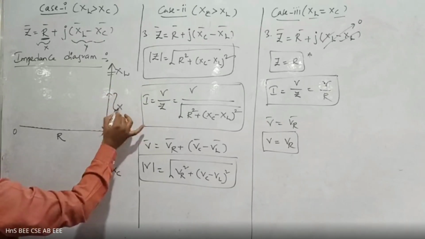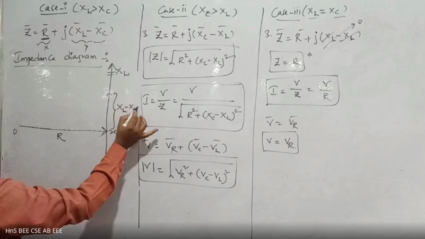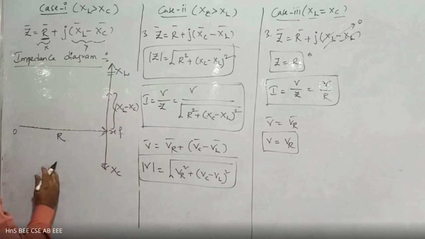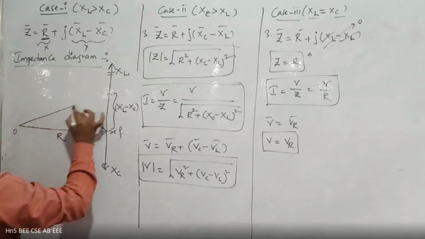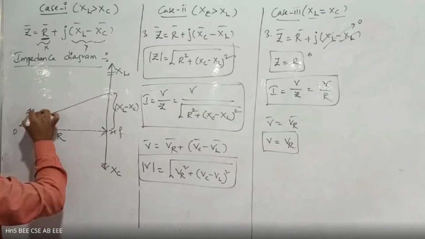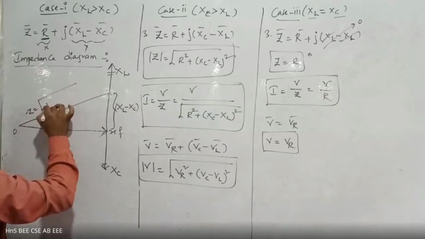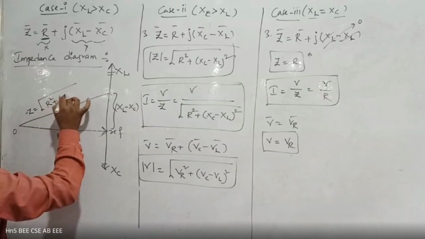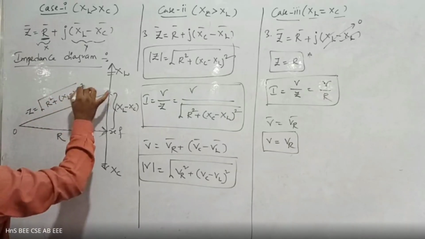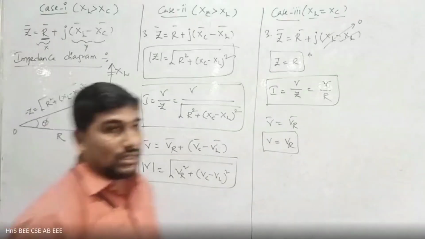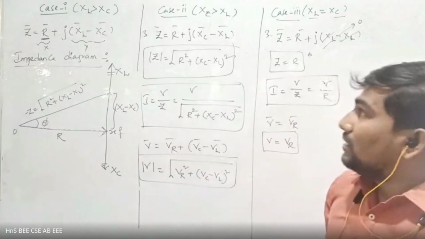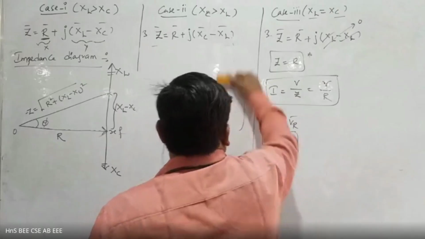XL minus XC. Now, if you are taking some impedance between this point and this point, the total is called Z. That Z equal to under root of R square plus XL minus XC whole square. This is the angle theta. This is the impedance diagram of case number 1.